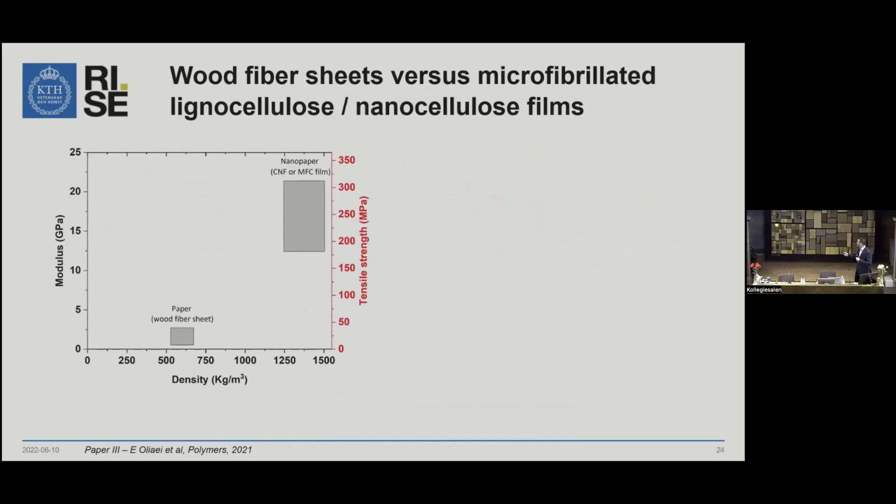But if we think the densities of these two structures are really different, one possible thing to do for the comparison is to define specific properties, like a specific modulus and a specific strength. So we divide the property by density for the comparison. But the implicit and underlying assumption is that these properties scale linearly with the density, and this may not be true.